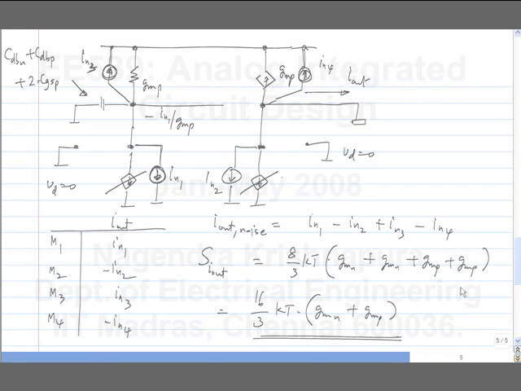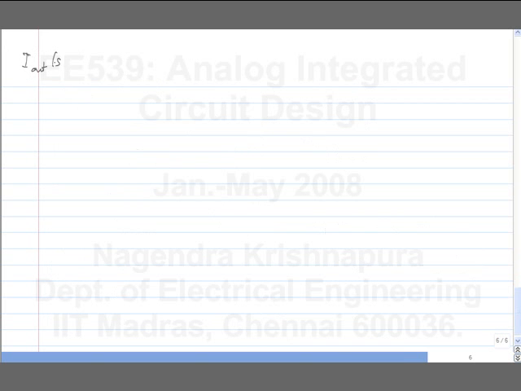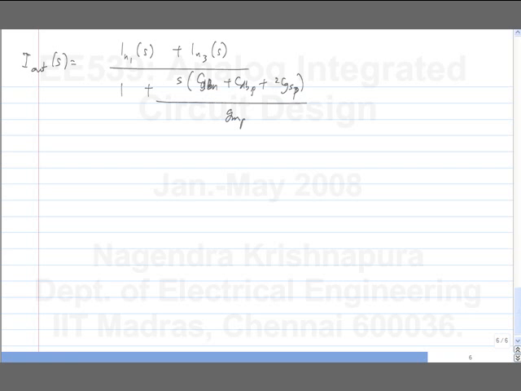What you will get is, in that case, this is the output current as a function of frequency. So at DC it has to be equal to the previous one, and it is.